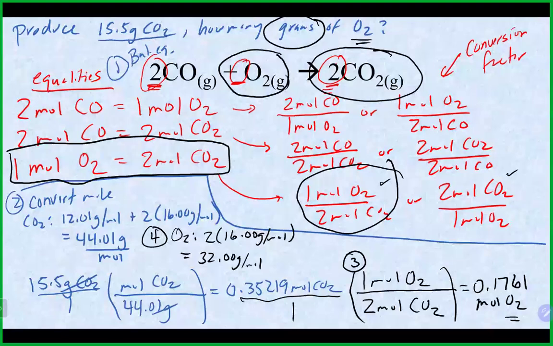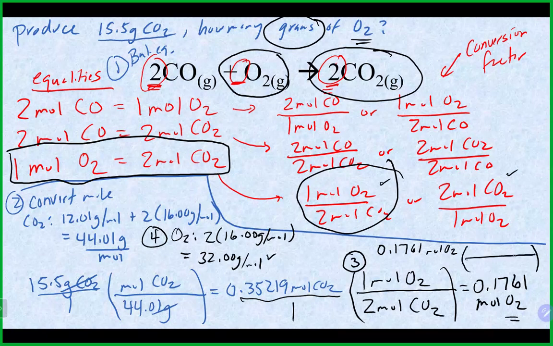And now I have the last thing that I need. I will take my moles that I just calculated, 0.1761 moles of O2. I will use the molar mass from the periodic table to convert my moles into grams. So a mole of O2 is 32 grams.